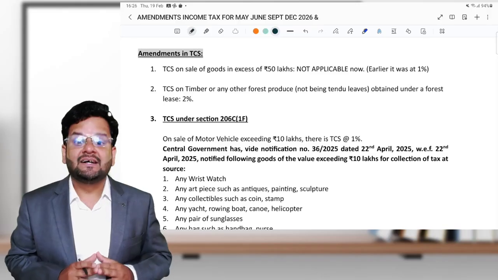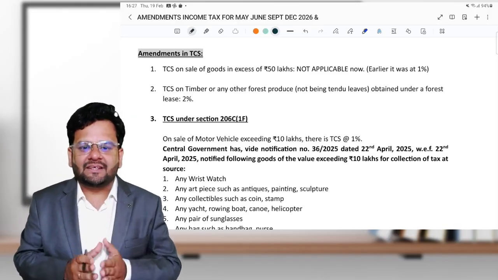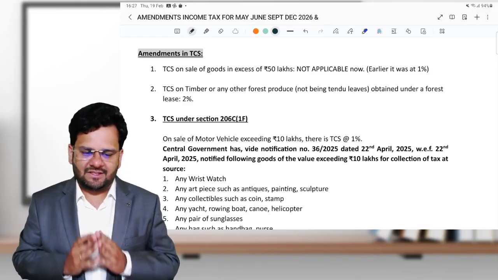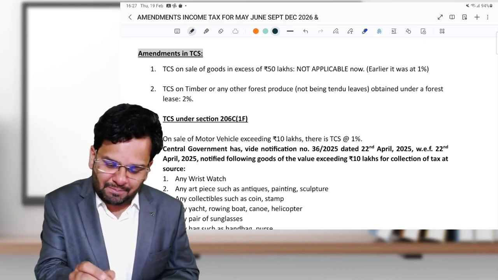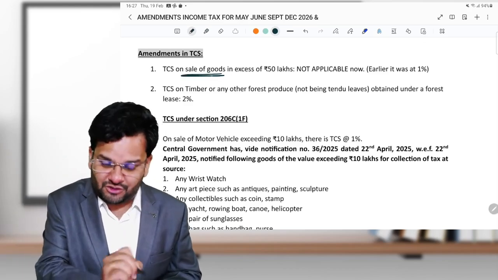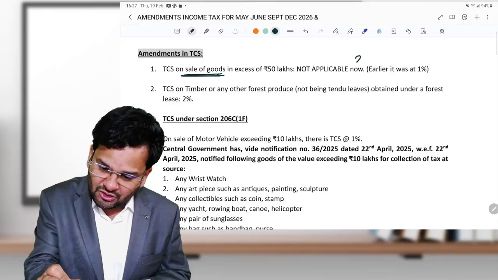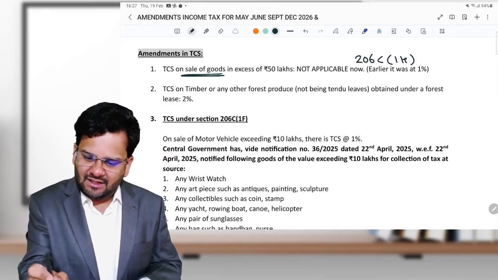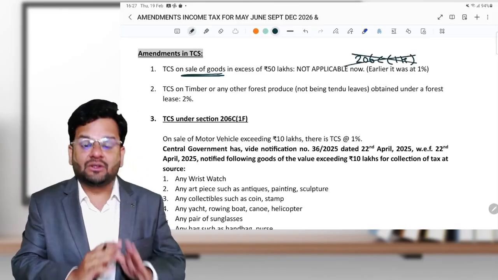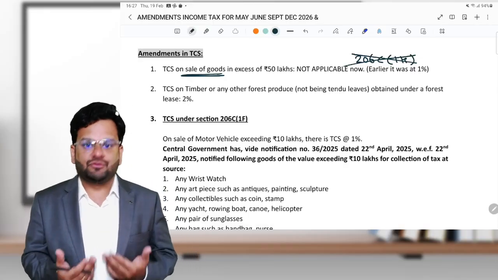Means buyer, whatever buyer's income tax is there, to pay that income tax he can use this TCS. Now earlier there was TCS applicable on sale of goods in section 206C(1H). Now friends, that is deleted. Now there is no such TCS on sale of goods in excess of 50 lakhs.